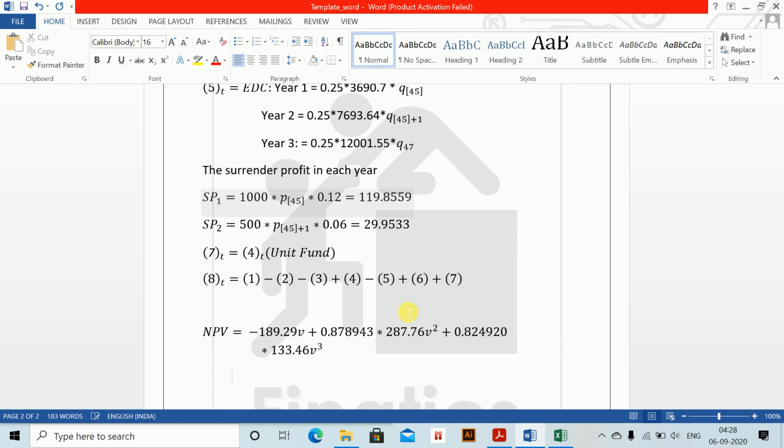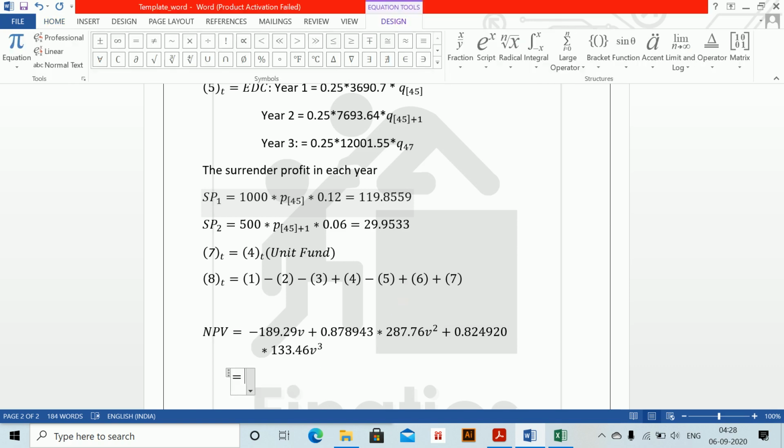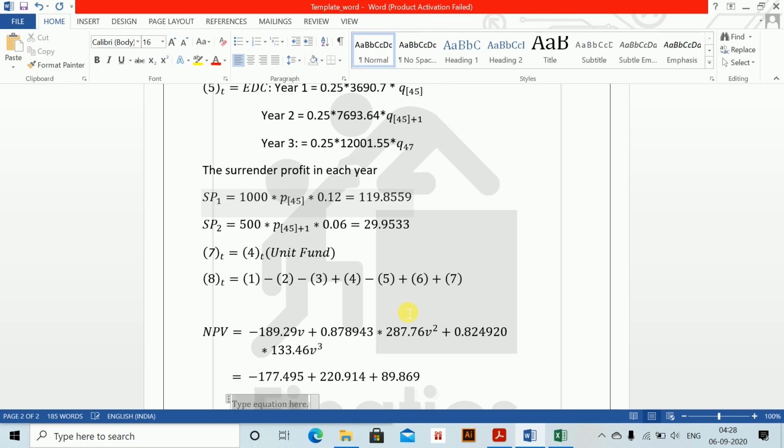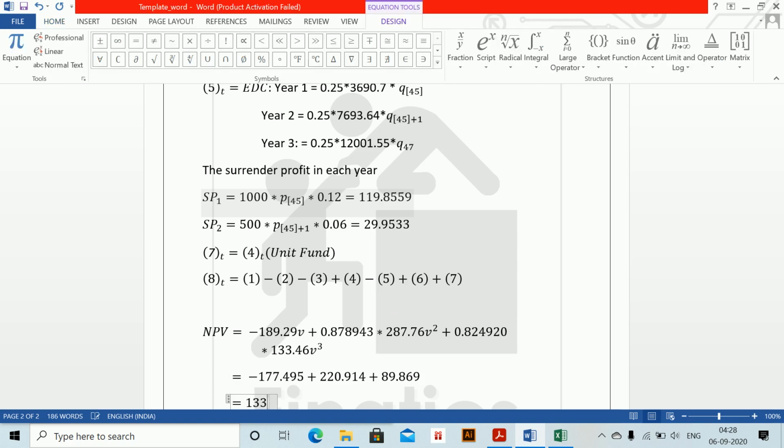Okay, so this is equal to minus 177.495 plus 220.914 plus 89.869. So this is equal to 133.279.